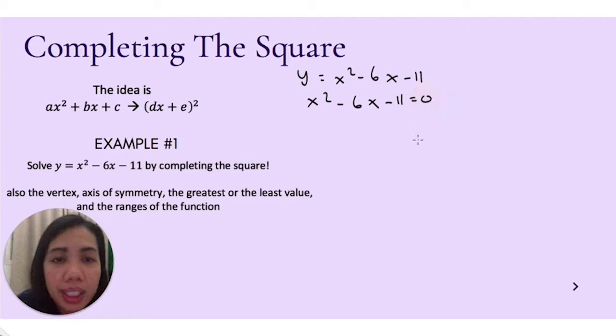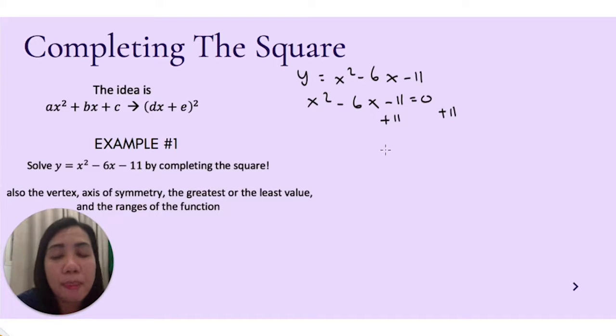Okay, now the second thing, we need to transfer this c value in here. The c value in here is minus 11 to the right side, or in other words, we need to add both sides with positive 11. Why we need to treat both sides in the same way?